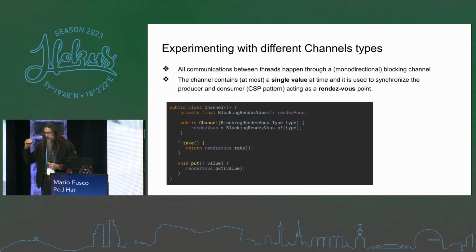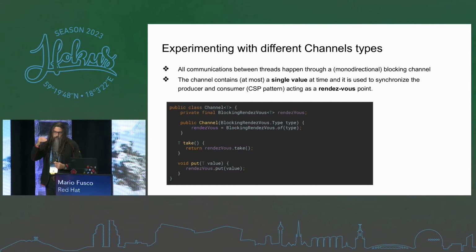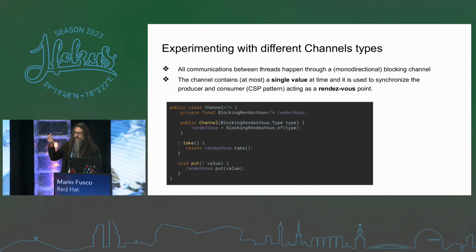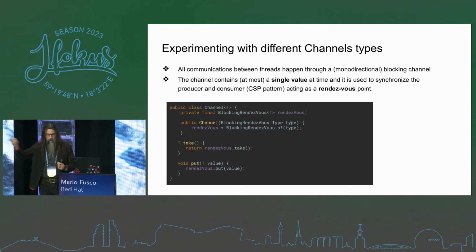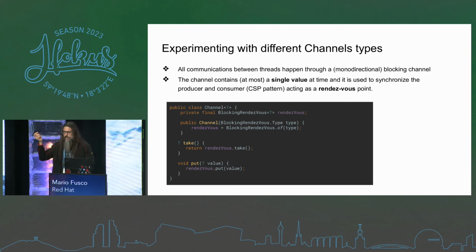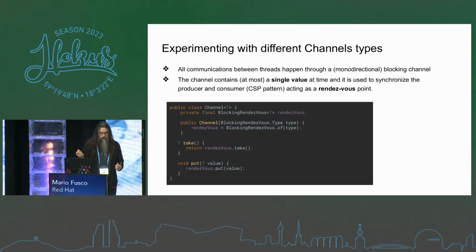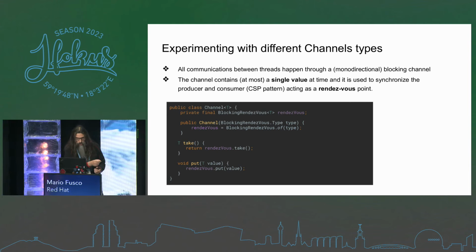As I said, in the CSP paradigm, this channel is actually a rendezvous between two threads to make a thread say to the other, okay, I'm done, you can go on. So I created this abstraction, blocking rendezvous. Of course, the original blocking channel is one of the implementations, and I created 3 additional implementations to check if I could do better than the original blocking channel.